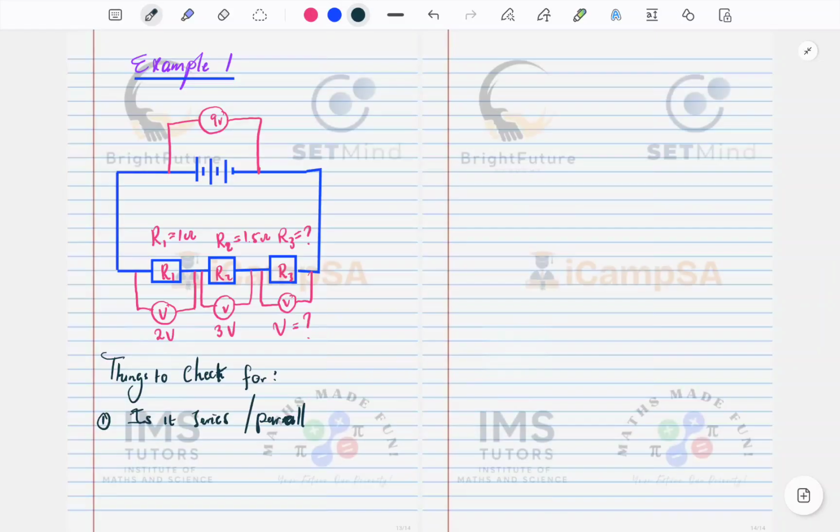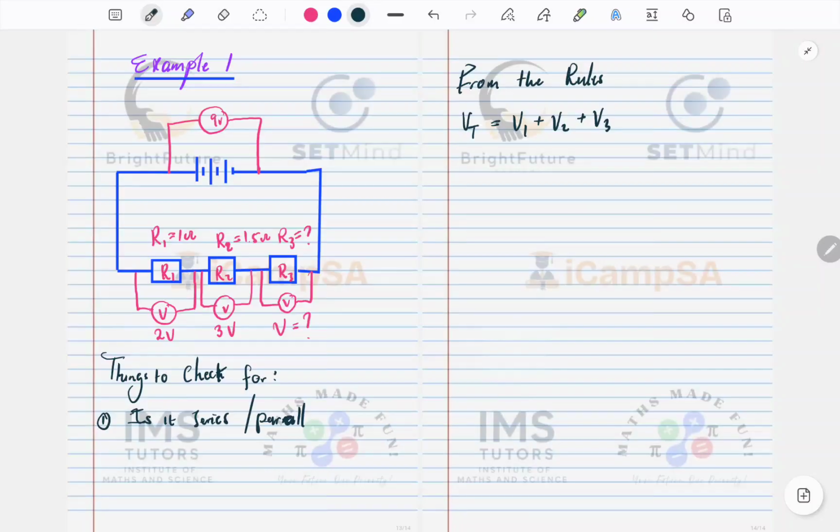Okay, it shouldn't surprise you. Once you know if it's series or parallel, then you go back to your rules. You must remember your rules. Already we know from the rules that Vt equals V1 plus V2 plus V3.